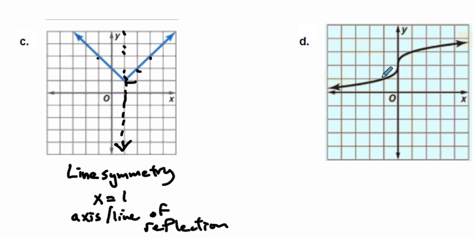Okay, this one right here. So if you look at this, it obviously does not have any line symmetry. It's very different after it crosses the y-axis here.